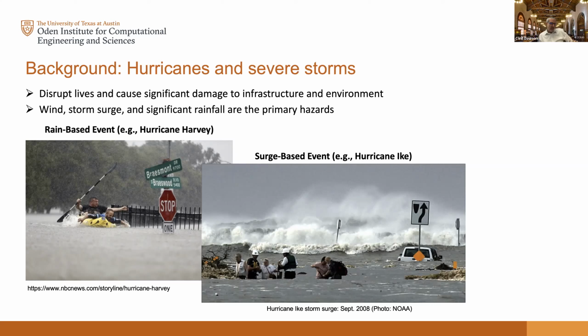And it's become more and more clear, especially in recent events, that some hurricanes are rain dominated, such as Hurricane Harvey, where you had some storm surge on the mid to lower part of the Texas coast, and then 50 to 60 inches of rain in the Houston area, and then going up to Beaumont.